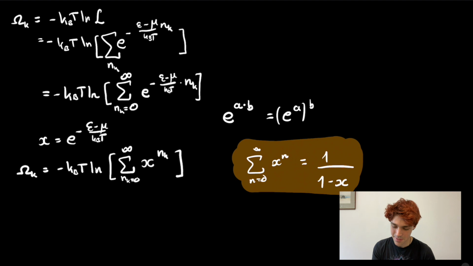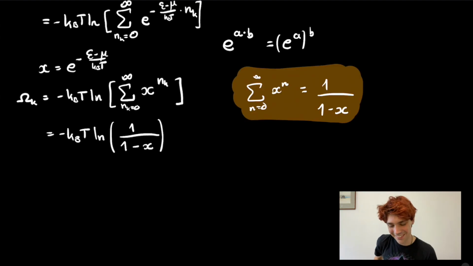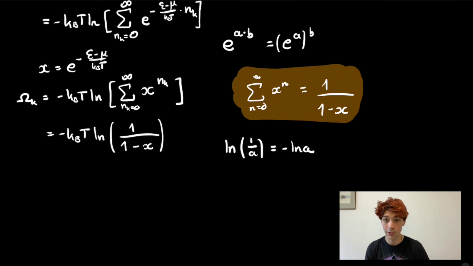So now we're going to just substitute that into the formula for omega. We're going to get minus kBT times the log of 1 over 1 minus x right here. So now I'm going to use one of the log laws just to invert this fraction. So if we use the log of 1 over a equals minus the log of a, this is a well-known log law.